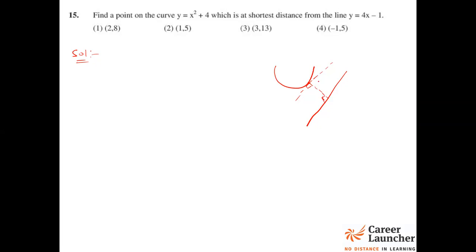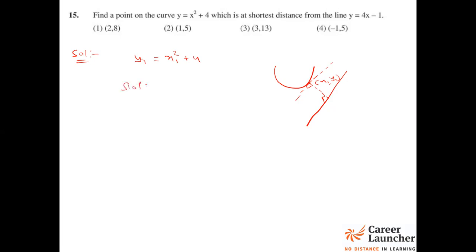So we don't know this point. Let this point be x1 comma y1. Now this point should satisfy this equation. So we get y1 is equal to x1 square plus 4. And what will be the slope?